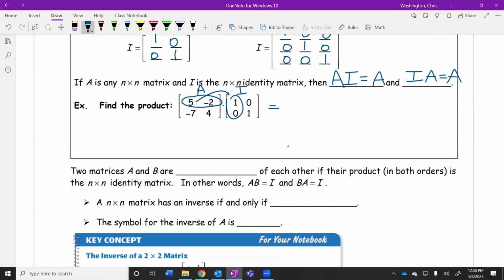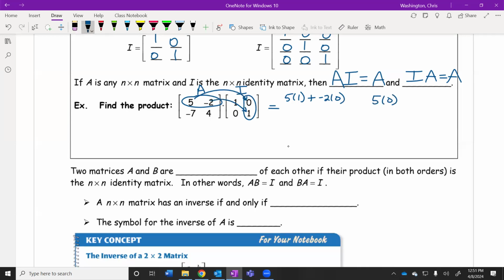We multiply the 5 and the 1 together, the -2 and the 0 together. So we get 5 times 1 plus -2 times 0. That's first row, first column. I'm just writing everything out. You don't have to. We've already learned how to multiply by hand, but just to refresh, we're going to be doing lots of multiplication by hand tomorrow. So that's first row, first column. That's where it goes. And then we're going to look at the second column. We get the 5 times 0.